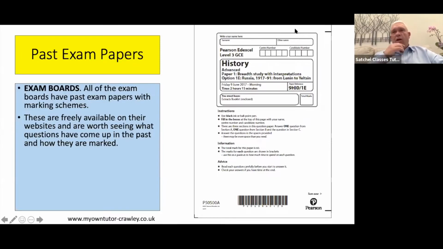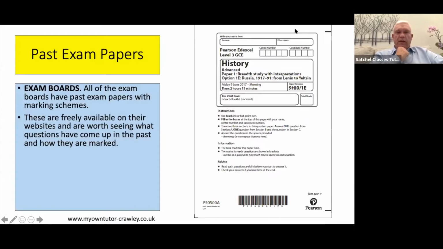One other thing that I would suggest you do, and I quite often show my students this, is that a lot of students won't think about looking at this, but when you look at past papers and the marking scheme, also look for the examiner's report. Because speaking as an examiner myself, I have to write a report on the exam I mark, on certain questions and what they were like and how students answered them.